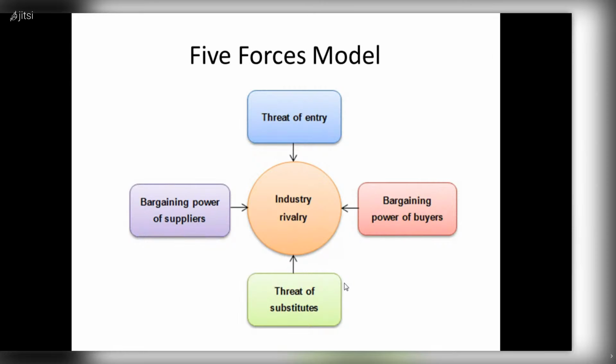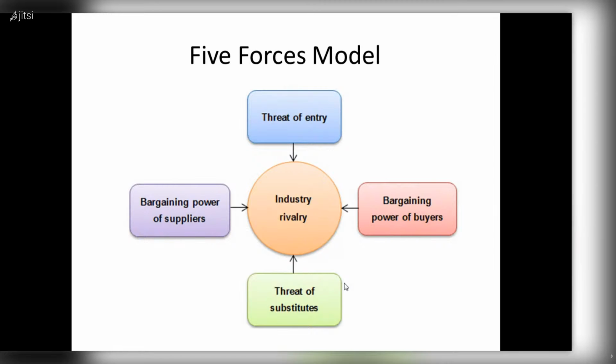First, gather the information on each of the five forces, then analyze the results and display them, then formulate different strategies based on the various conclusions.